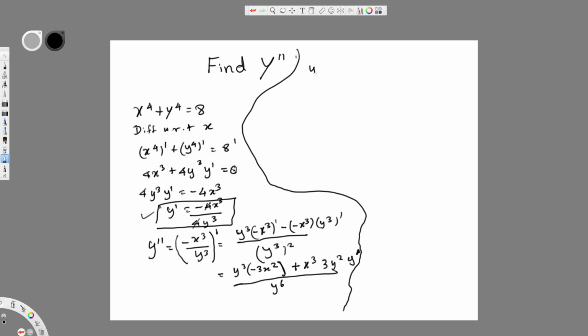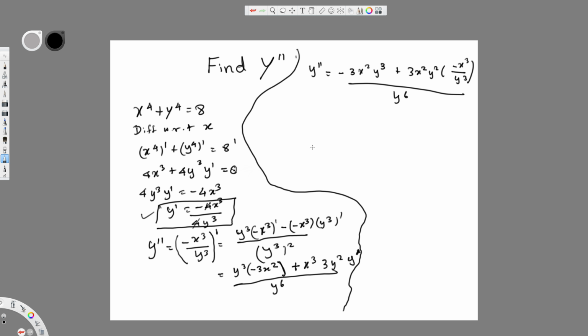So it's going to be equal to minus 3x square y cube plus 3x square y square times y prime. Then I substitute y prime with minus x cube over y cube, all over y to the power of 6.